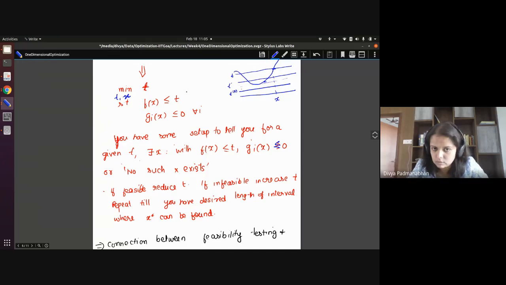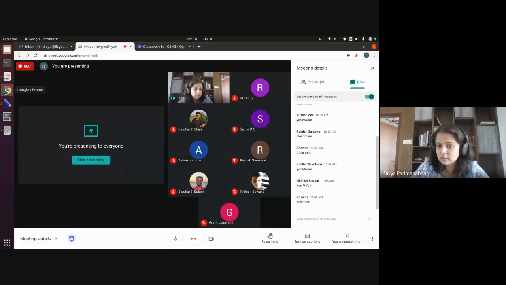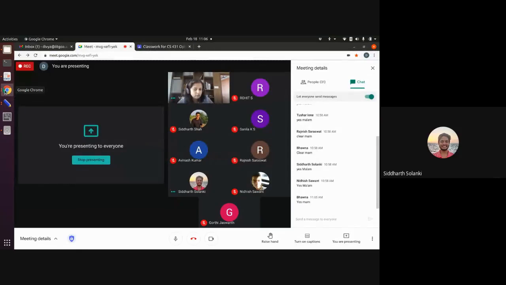That's one way to view optimization. The search is also something, right? This is a feasibility test, but you need to fix this value of t appropriately. So it's a combination of feasibility and a search. Did it answer your question, Siddharth? Yes, ma'am.